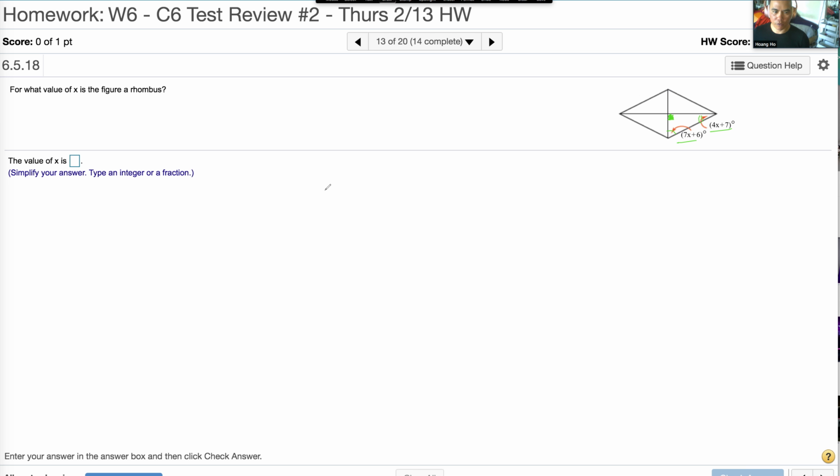So you want to solve for x? I would add 7x plus 6 with 4x plus 7 equals 90 degrees. Do not set them up equal to each other. Alright, so solve for this. 7x and 4x, that's 11x. 6 add 7, that's 13, equals 90.